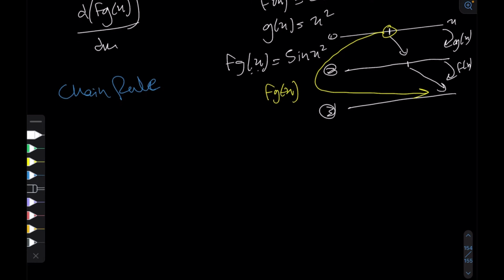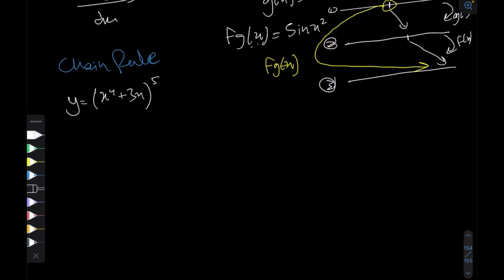So let's say there is something like y equals (x to the 4 plus 3x) to the power 5. Our end goal is to find the derivative of this.